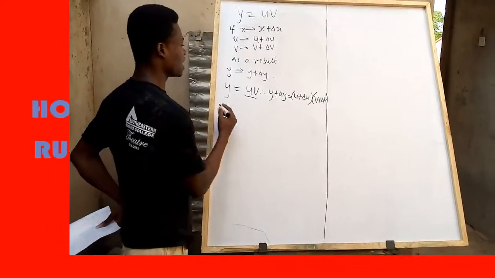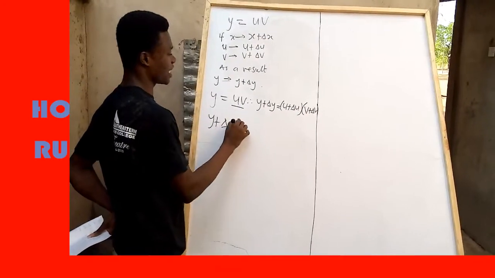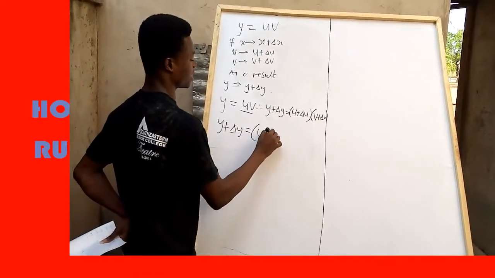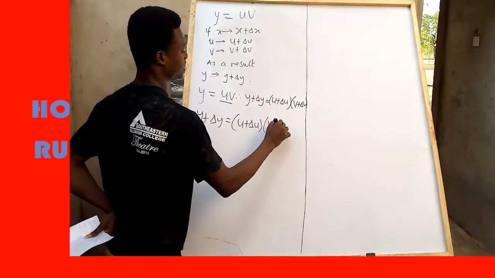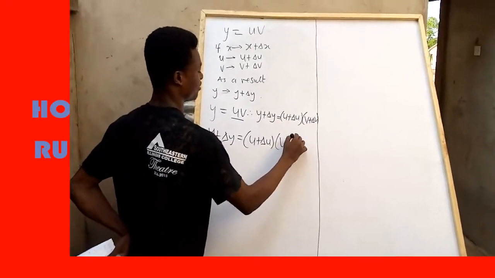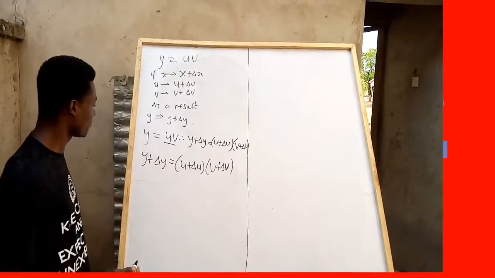Alright, so now I can say that y plus change in y is equal to u plus change in u multiplying v plus change in v.